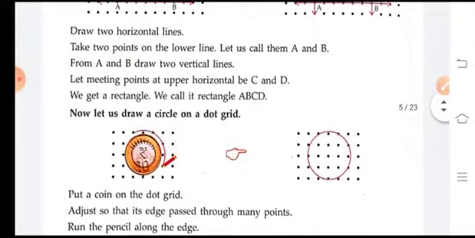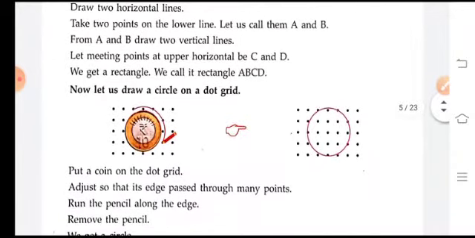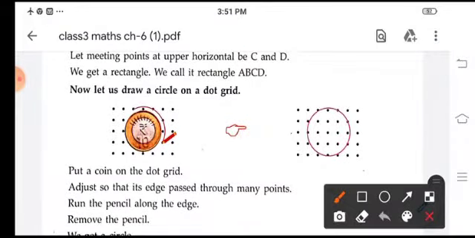We can also draw a circle on the dot grid. Okay, so how will we do? Let us draw a circle. So we have adjusted the points. Okay, so the edges, the pencil can run along the edges.